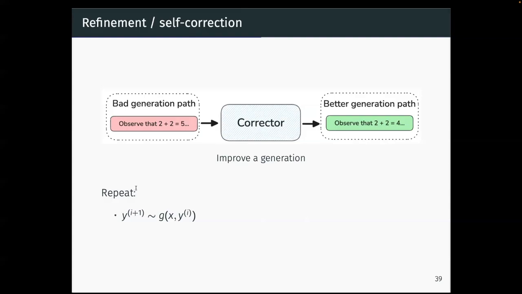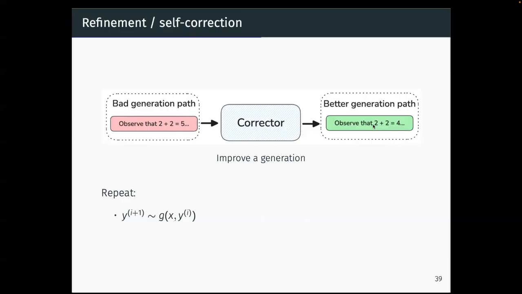And then you can repeat the process, so this could be a loop. For instance, let's say the model starts generating 2 + 2 = 5. Then maybe your corrector or refinement model can actually correct it and get it back on a correct solution path.